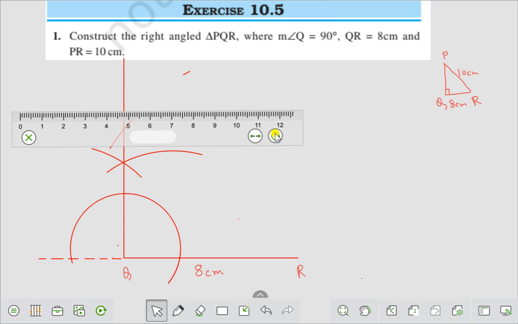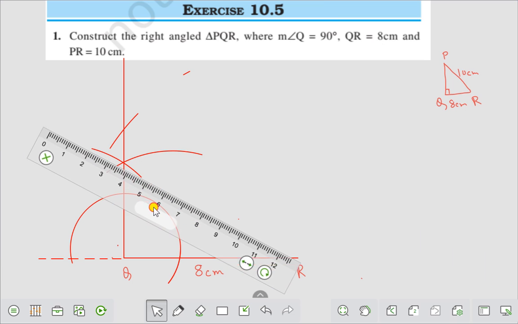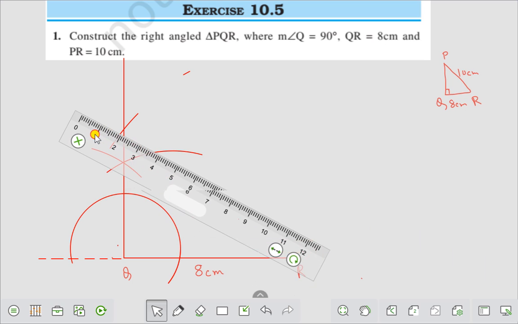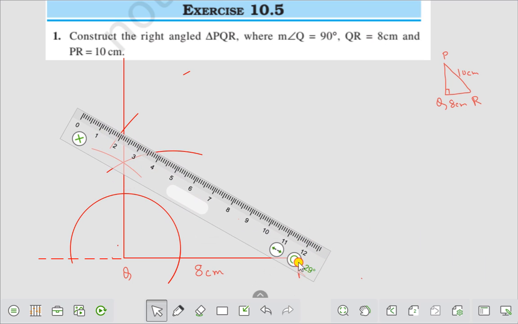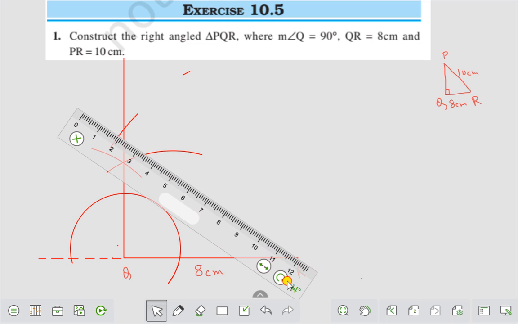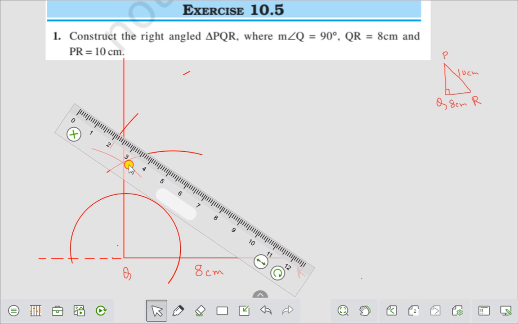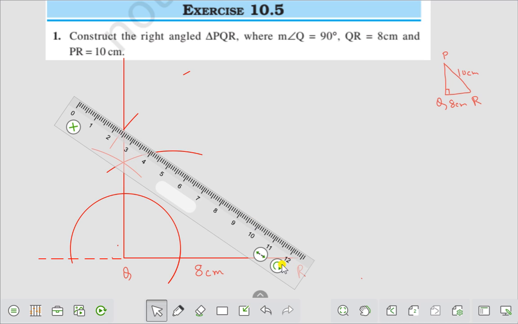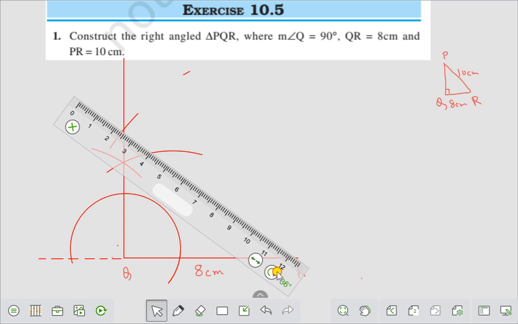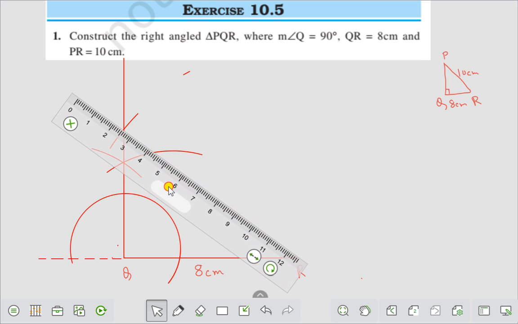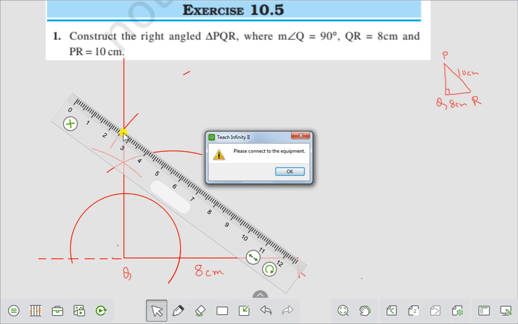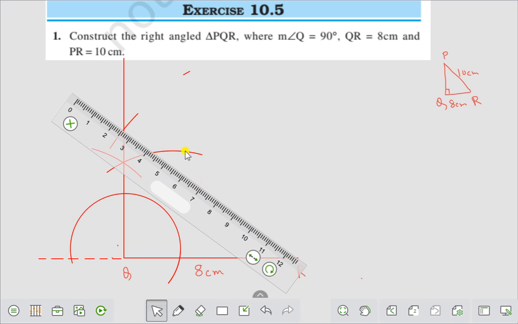Now if you are joining this point, we are getting the triangle, the required triangle.